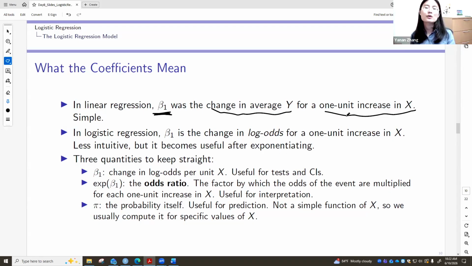For example, if we increase age by 1 year, how much will the average BMI change? That's the slope in linear regression. While in logistic regression, it's similar, but just a little different. The beta 1 means, if we increase the predictor by 1 unit, what's the change for the log odds? Okay, think about that.